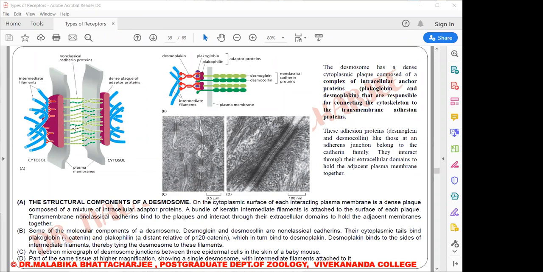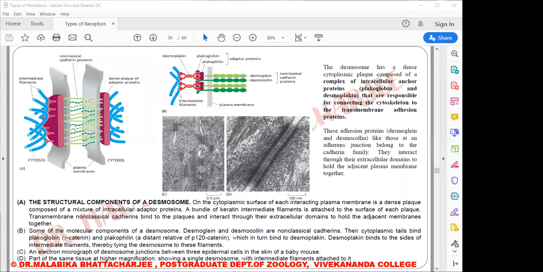Now let us talk about the functions. As you can see, desmosomes are small button-like points of intracellular contact that bring the cells together. Desmosome has been associated with a potentially fatal autoimmune disease called pemphigus vulgaris of human beings.